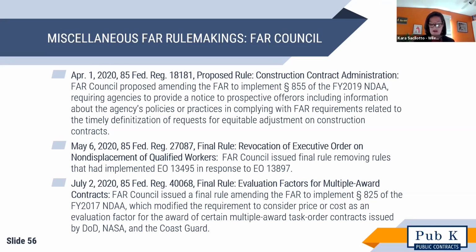And if you choose not to evaluate cost or price at the contract level, at the high level IDIQ level, the contracting officer is to consider price or cost as a factor for each award of a task order under that IDIQ contract.